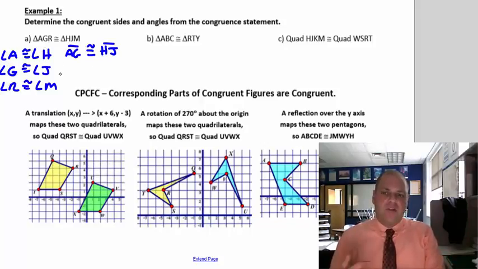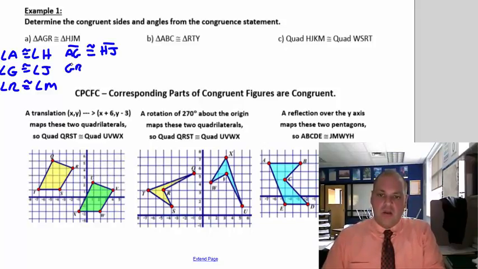That's very important. I know this seems really easy, but it's important because we can't move into triangle congruence until we understand this fully. GR would be congruent to JM. And then first, last, AR would be congruent to HM. Why don't you pause the video and see if you could try the next one.